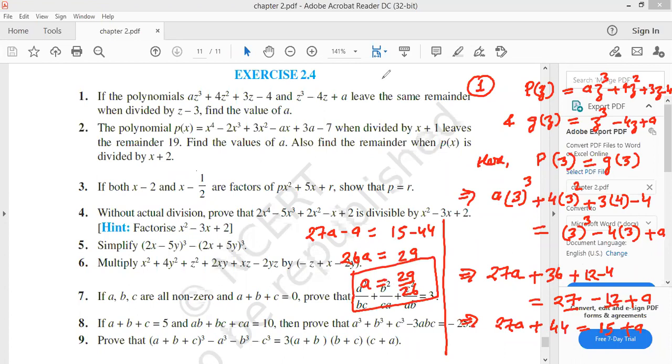So just note it down, and if anybody has any confusion they can ask the question.